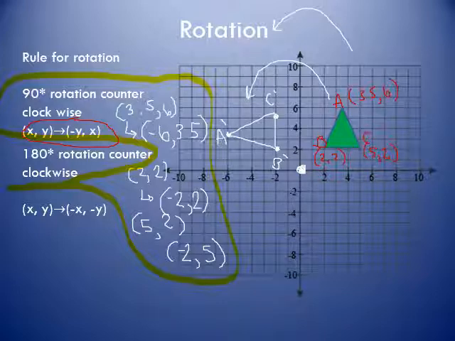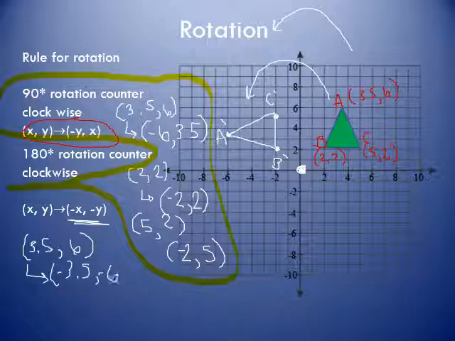You just leave the X and the Y in the same place. You just change their signs. So A was at 3.5, 6. That's going to become -3.5, -6. So our A prime would be at -3.5, -6. Boom, right there. There's our A prime.